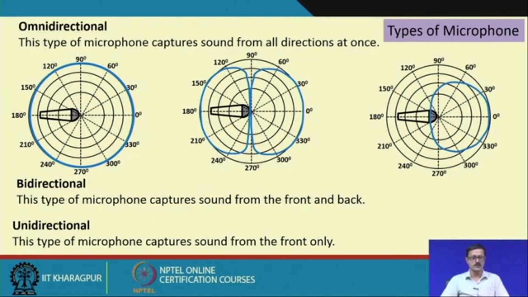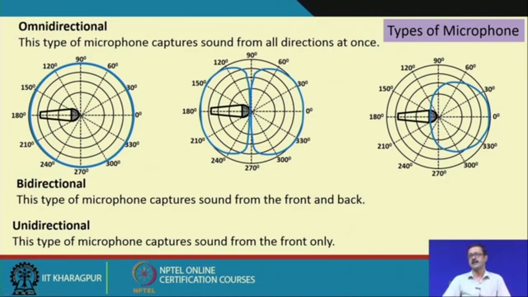The third one is the unidirectional microphone, which captures only from one location, the front. If sound comes from the 90°, 180° or 270° orientation, from the sides or the back, it does not have much effectiveness.